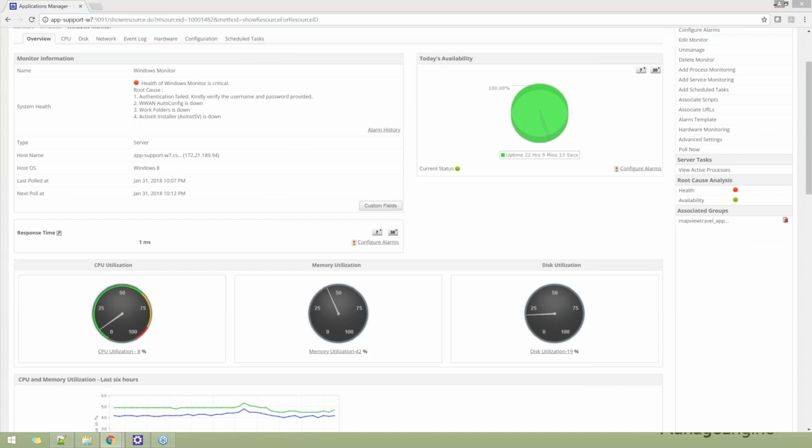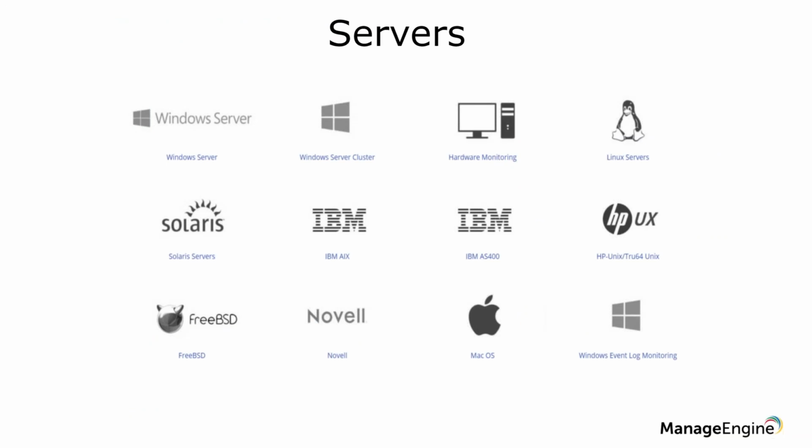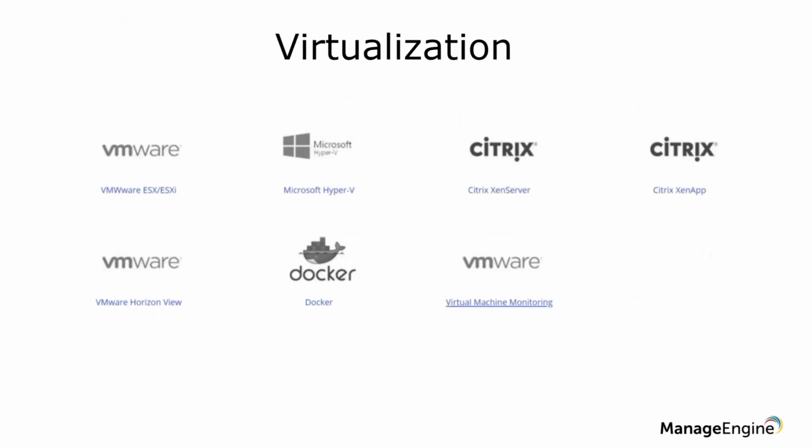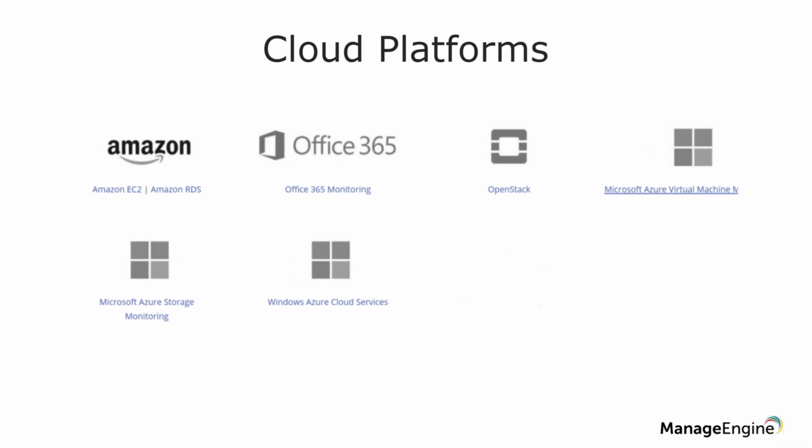The next category of monitor type is virtualization, where we monitor CPU, memory, storage, network information, and underlying virtual machine performance metrics in Applications Manager. The next category is cloud platform.